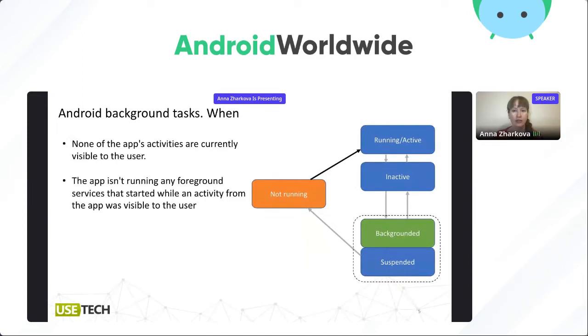So at first, the application is in a running active state, then it becomes inactive when we switch, and then there could be some background work, and when there is no background work, it will be suspended altogether and not running. Yes, it will be kept in our memory, but it will not be active at all. How do we switch to this state and why? We do not have so many resources on our device.